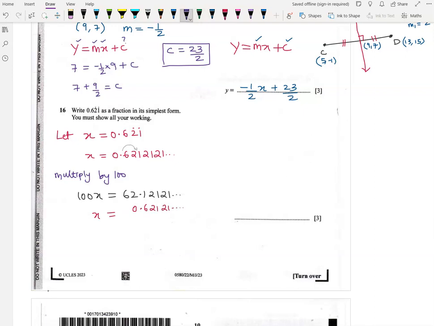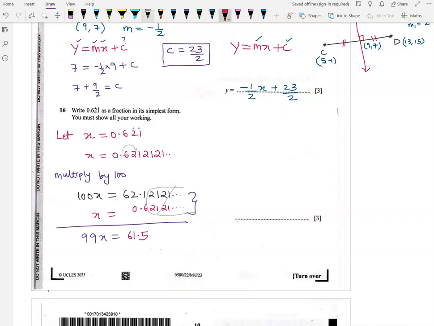Now what we have to do is subtract the two equations. So 100x minus x will give you 99x, and on the right hand side, the digits 212121 which are recurring will cancel out. 62.1 minus 0.6 will give you 61.5.